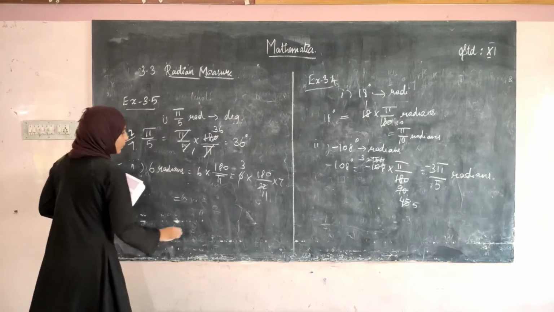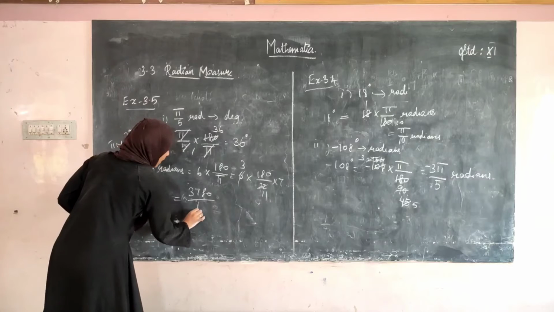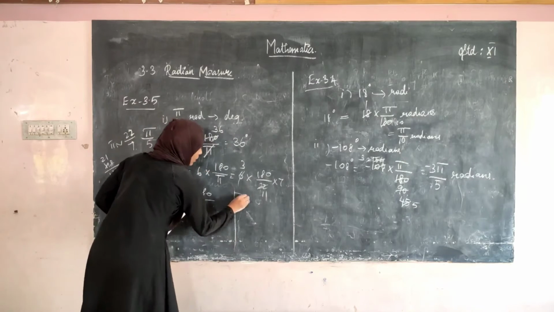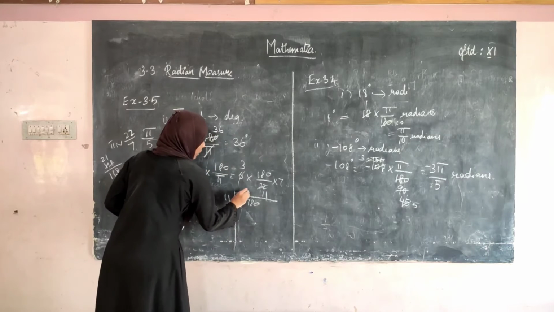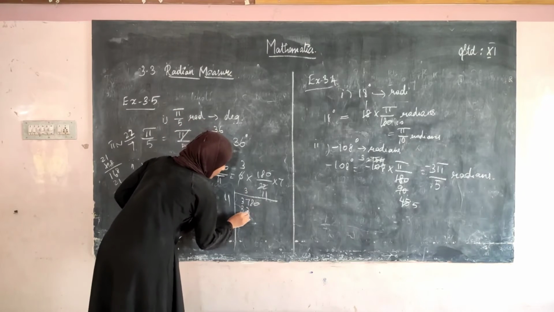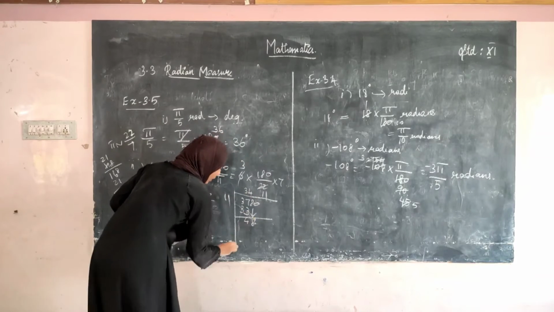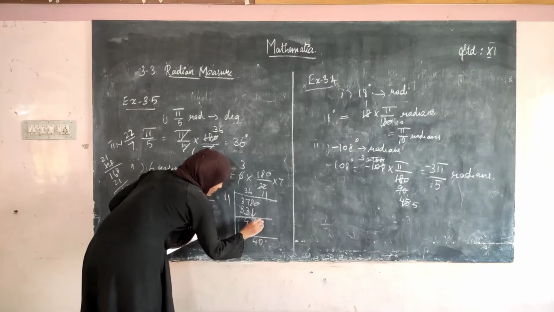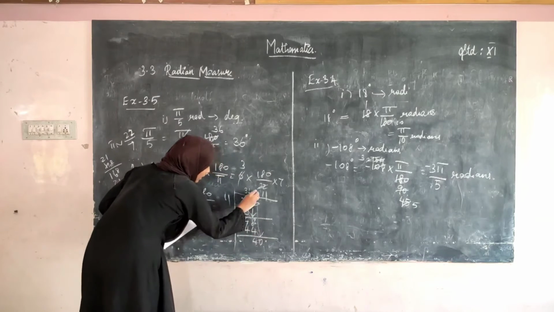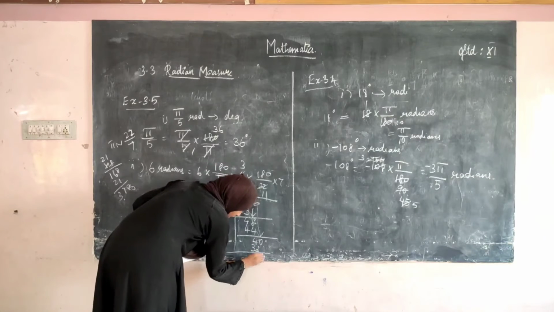That is 3780. 3780 divided by 11. 3 times is 33, balance is 4. Bring this 8 here, and again 4 times is 44, balance is 4. Bring this 0 here, and 3 times is 33, balance is 7.